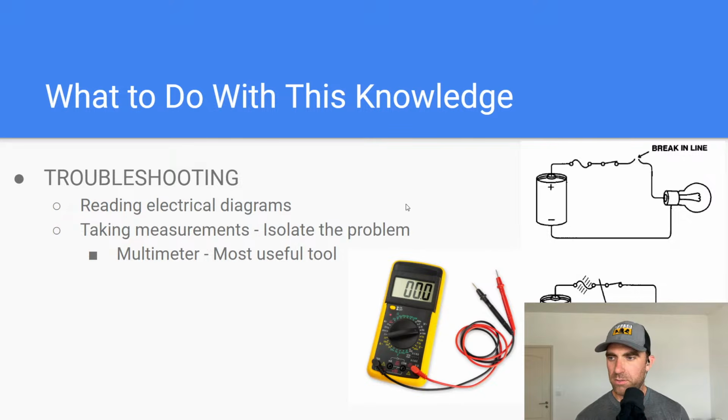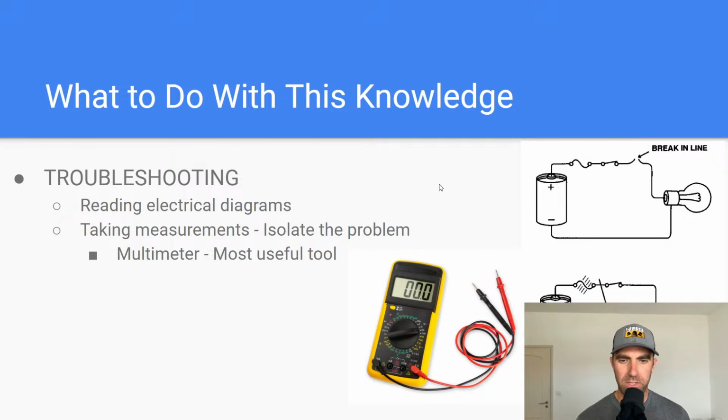So the first thing I wanted to say here was that you're going to be working off of electrical diagrams to do any sort of troubleshooting, to understand what the system is doing and all of the components in the system, and identify everything that's in line with the problem that you're coming across.